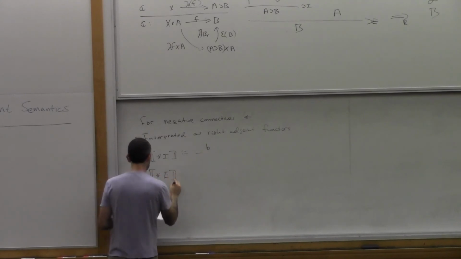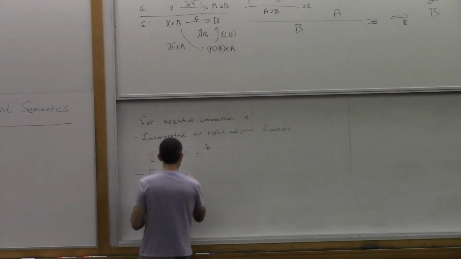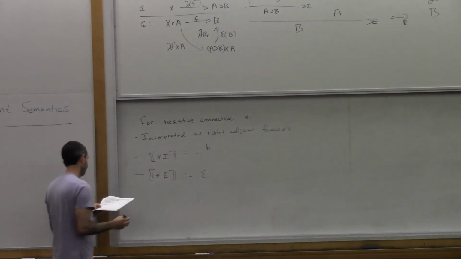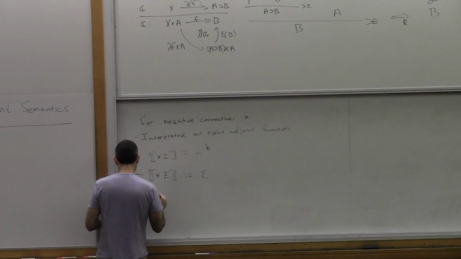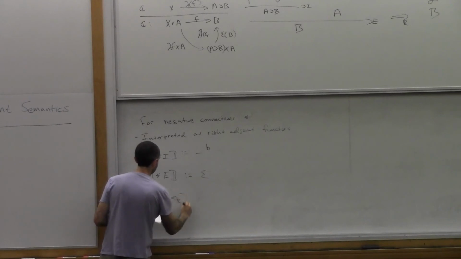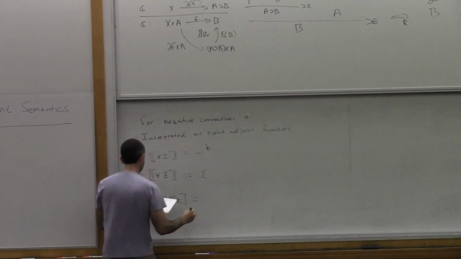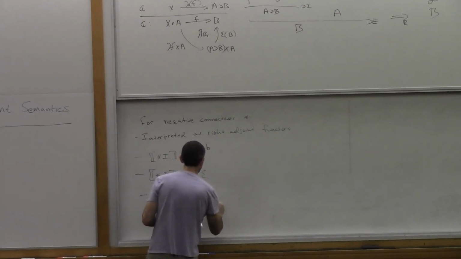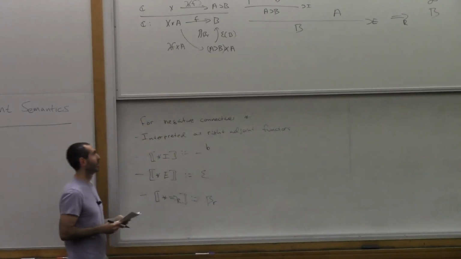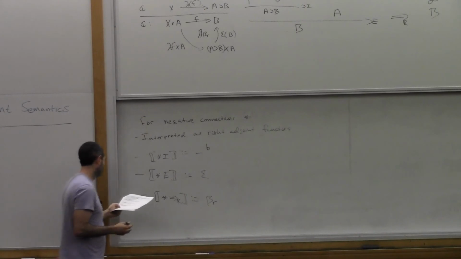Their elim rules are interpreted as the component of the counit. Their local reductions are interpreted as this thing I call beta sub r, the commuting of the triangle here, the universal property of the counit.